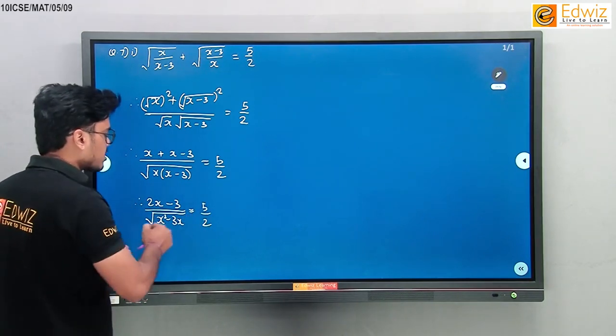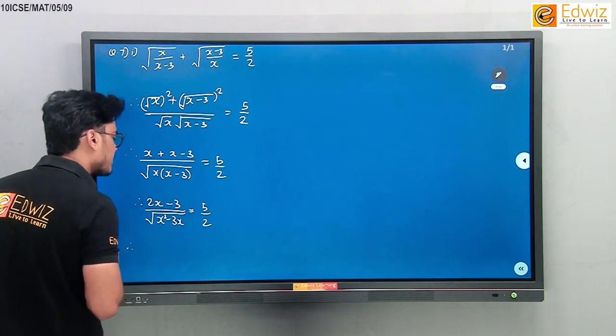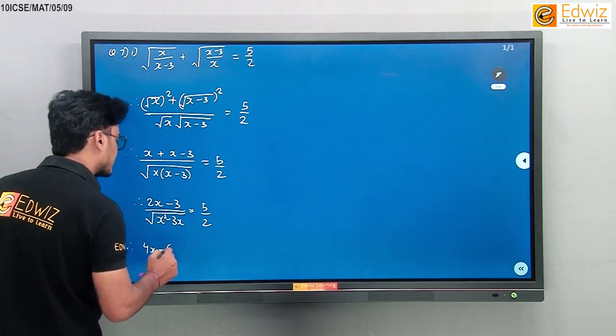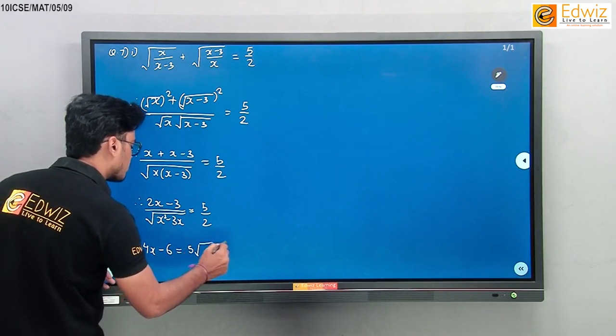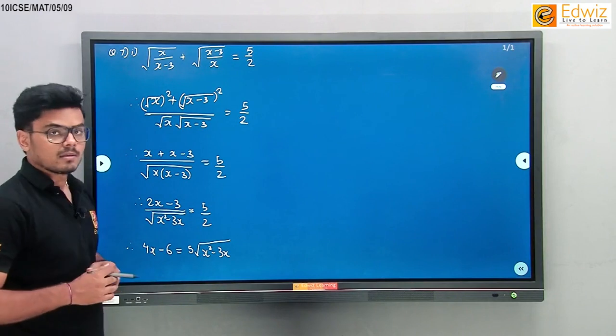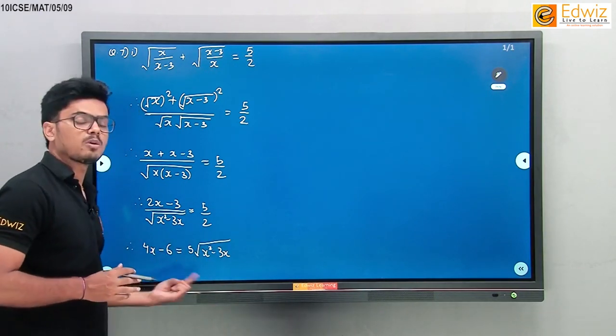Okay, now just cross multiply this equation. What you will get? 2x minus 3 multiplied by 2. So 4x minus 2 3s are 6 equals to 5 multiplied by square root of x square minus 3x. Okay, now if I want to remove this square root, what I will do? Take square on both sides.